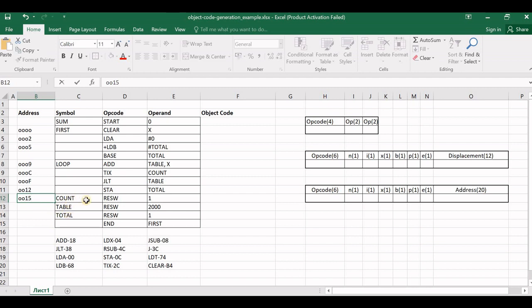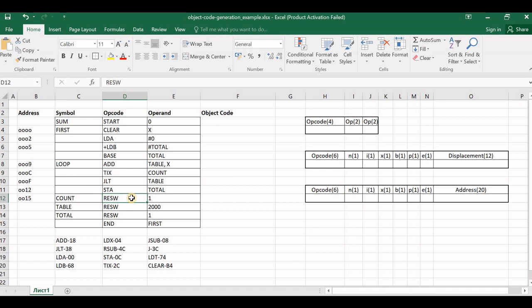When you see the next instruction, it is not an executable instruction. It is an assembler directive. What is this assembler directive doing? It is trying to reserve words. How many words is it going to reserve? It's going to reserve only one word, and the name of the memory location is count. One word is how many bytes? One word is equal to 3 consecutive memory locations, that is 3 consecutive bytes.